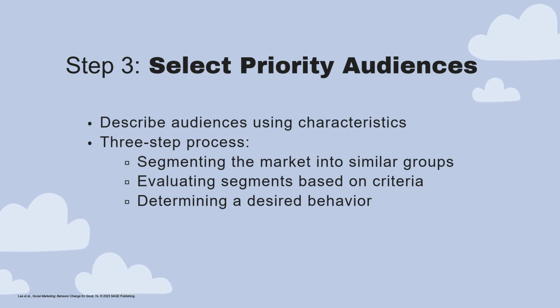Besides a priority audience, marketing plans may also identify additional secondary markets and strategies to influence. The three-step process is segmenting the market into similar groups, evaluating segments based on a set of criteria, and choosing one or more of them as the focal points for determining a specific desired behavior, positioning, and marketing intervention mix strategy.